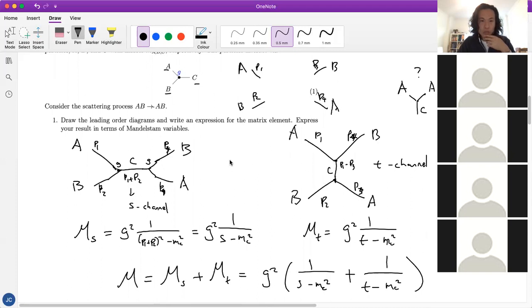One way to draw the U channel diagram is to start with the S channel diagram like this, and then you connect it like this. So that's not allowed because of this vertex. But I don't know how to explain this in terms of the labeling.